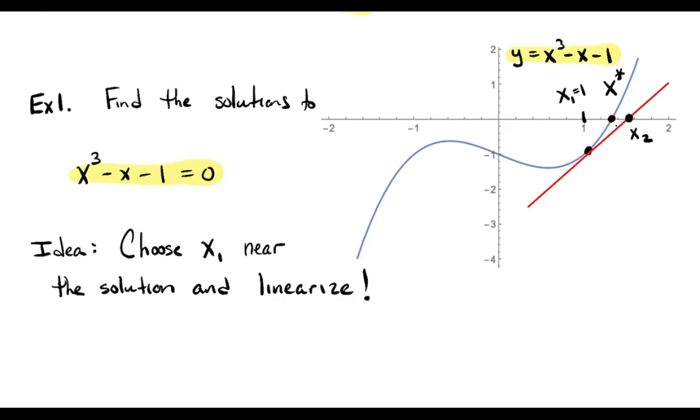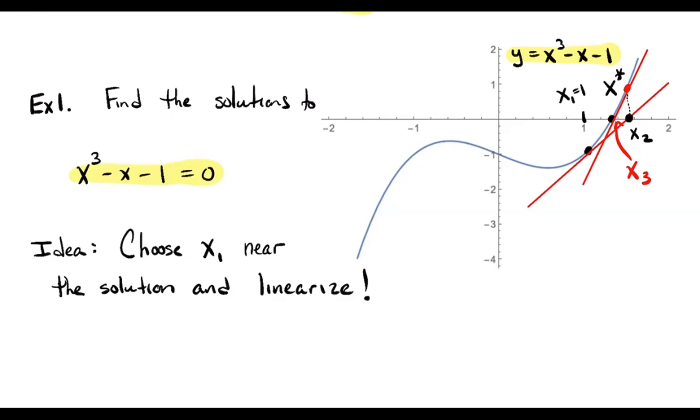Then from x2, we'll go up to the graph. I'll draw one more in here. We'll linearize again. We'll find the equation of the tangent line at that new point on the graph. I won't even try to draw it in there, but you can see the x-intercept of it, I'm going to call it x3. x3 is even closer to x star still.